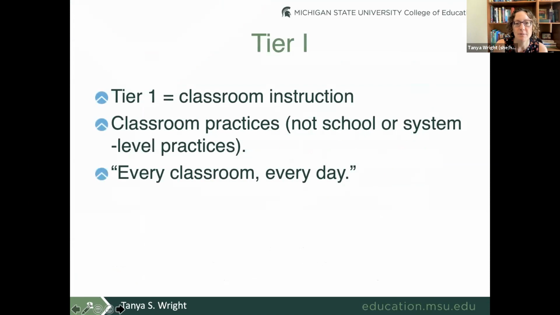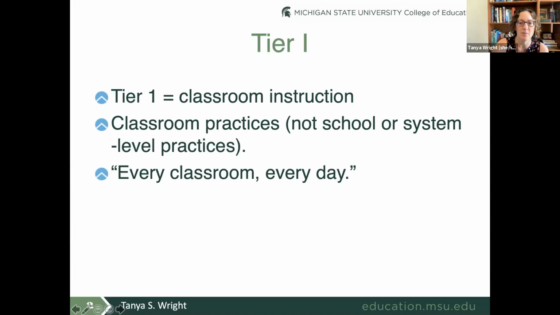Okay, so what do we mean by the essentials focus on tier 1 instruction? Well, when we think about tier 1 instruction, we think about classroom instruction. So that's the instruction that all children are going to receive with their classroom teacher. So these are classroom practices. They're not school level practices. They're for in the classroom.